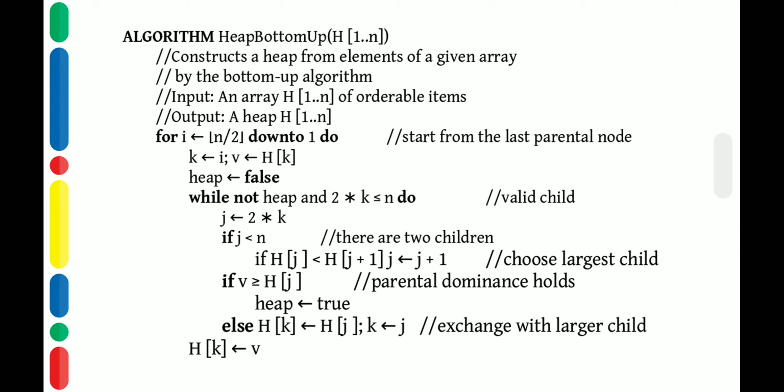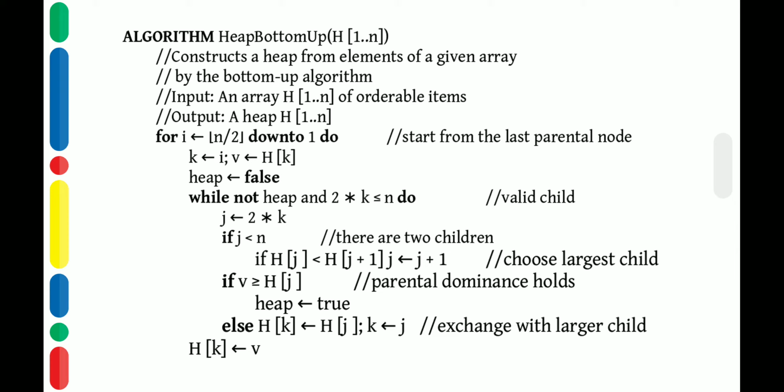It constructs a heap from the elements of a given array using the bottom-up approach. What is the input? An array h of orderable elements. What is the output? Output is a heap h. So this is an example of representational change, where an array is represented as a heap, converted into a heap.